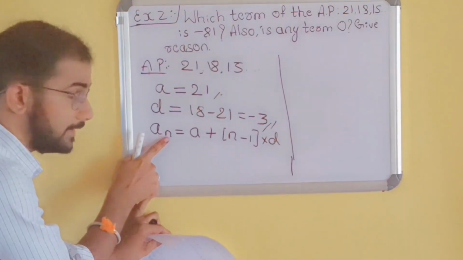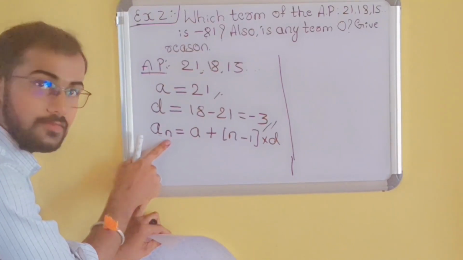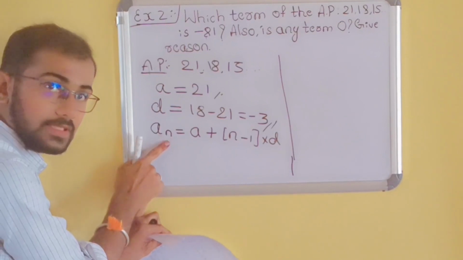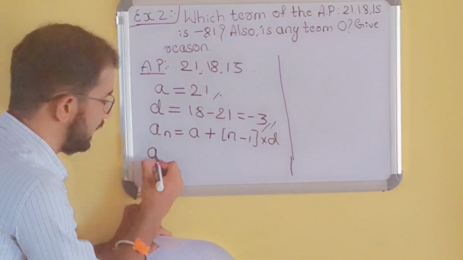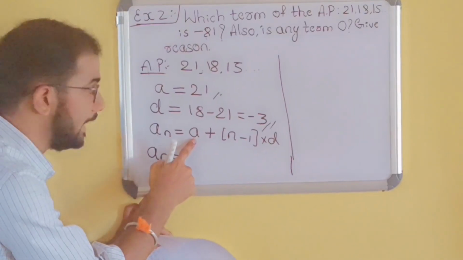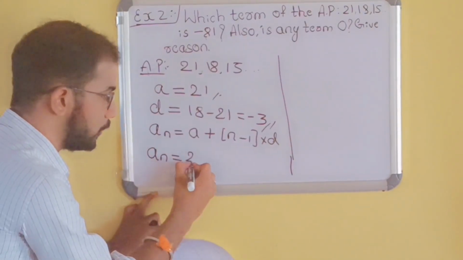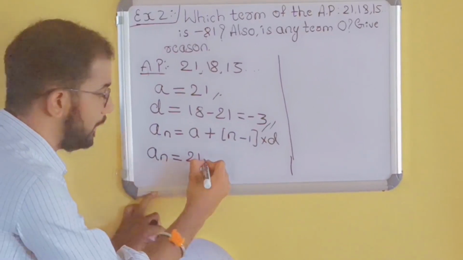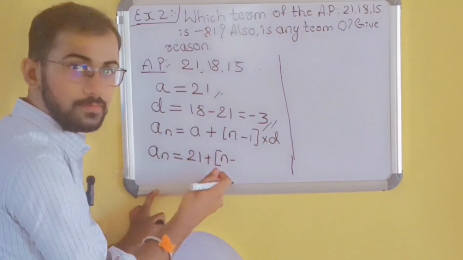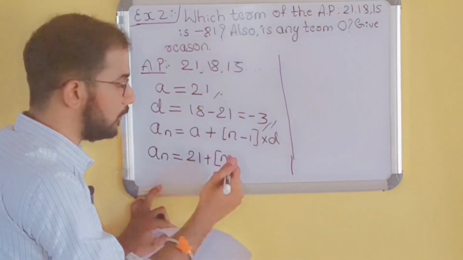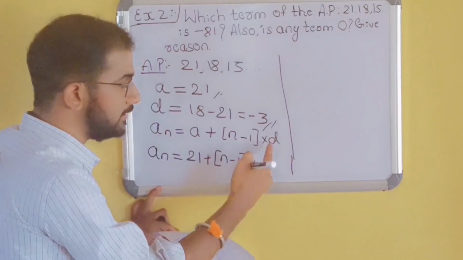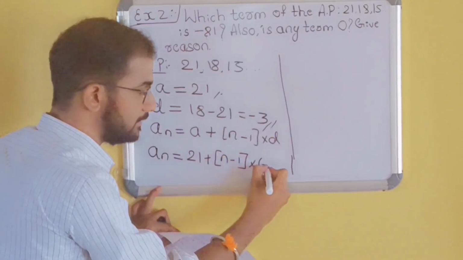We don't know the value of n. That is the task, to find out n. So here, a is 21. Substitute over here, then plus n as it is, because we still don't know the value of n, into the value of d, that is minus 3.